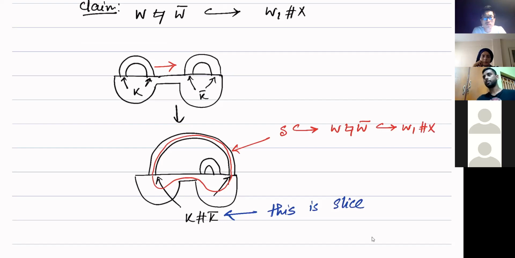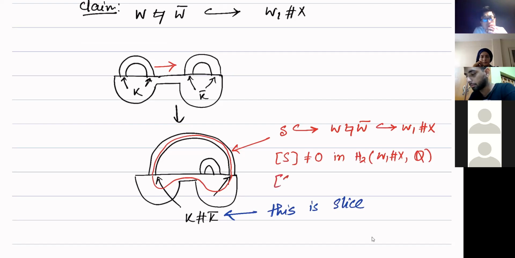And now with some homological argument, you can clearly see that this sphere is, by construction, non-trivial in H2 of W1 connected sum X with rational coefficients, right? So in particular, in the relative homology, this sphere is non-trivial. And also notice that the way I constructed this sphere, the self-intersection number is actually 0.